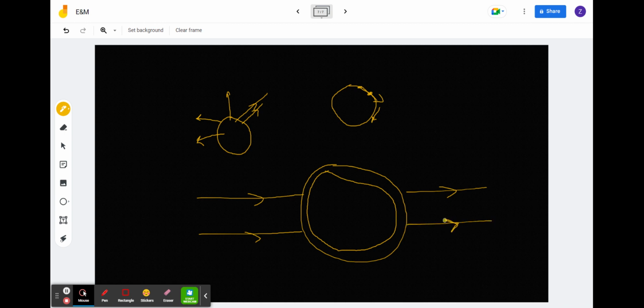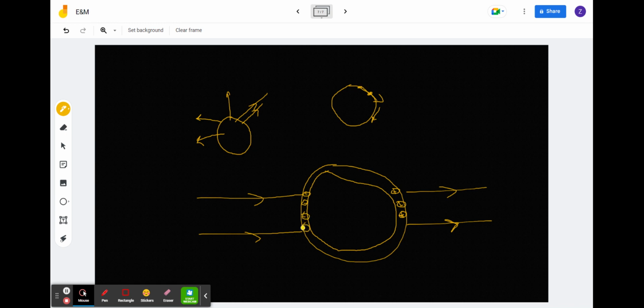This phenomenon is known as electrical shielding. Essentially, all the positively charged particles are going to be moved to the side here, while the negatively charged particles are going to move opposite, in the direction of the field lines.